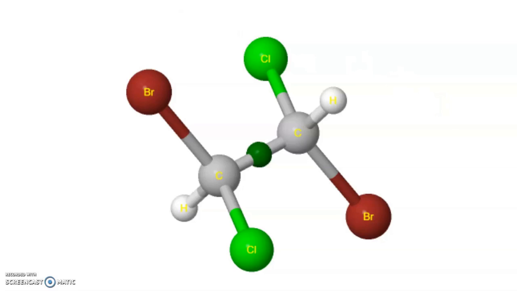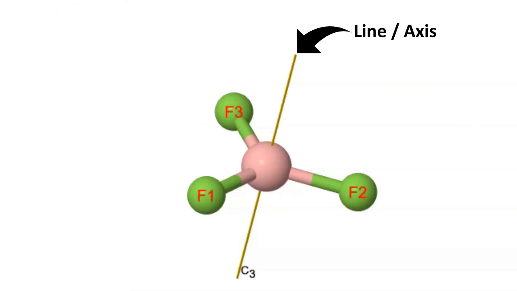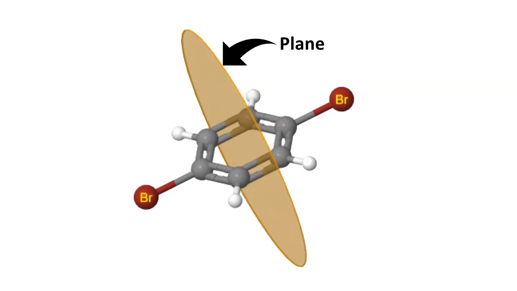Now, from all these three examples, you might have seen that the symmetry operation is performed through different geometrical entities. Say, for example, in the first case, the operation was carried out through a line or an axis. In the second case, the operation was done about a plane.